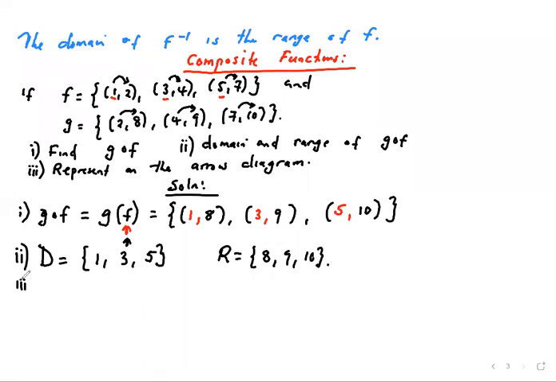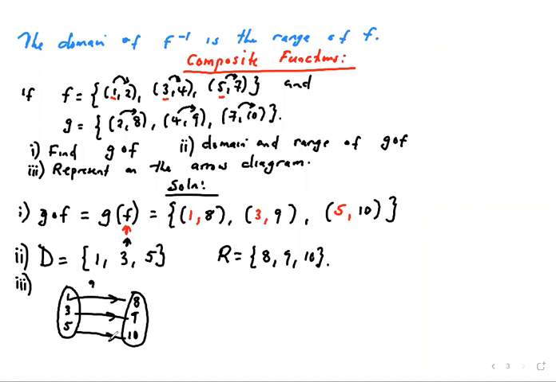Three, the arrow diagram. So the answer is very easy. You just say 1, 3, 5, and 8, 9, 10. This one goes there, this one goes here, and this goes there.